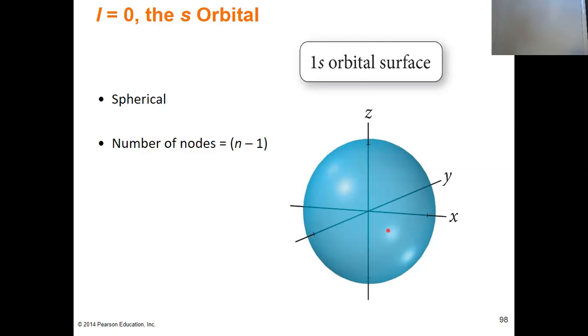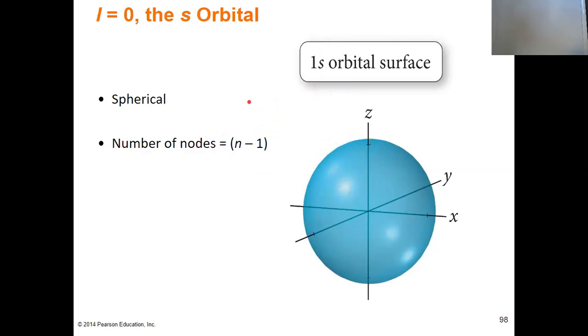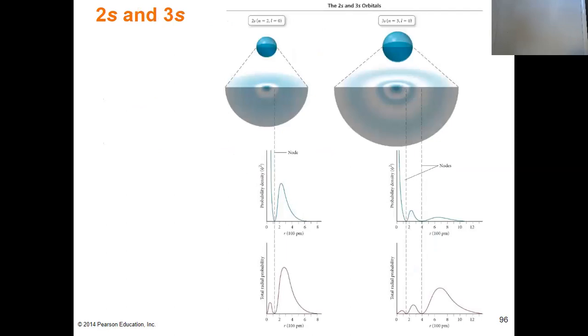You can always tell how many nodes a particular orbital is going to have with this relationship here, n-1. So your 1s orbital has no nodes, because 1 minus 1 is 0. Your 2s orbital, there'd be a node between them, like we saw here. This is your 2s, there's your node.